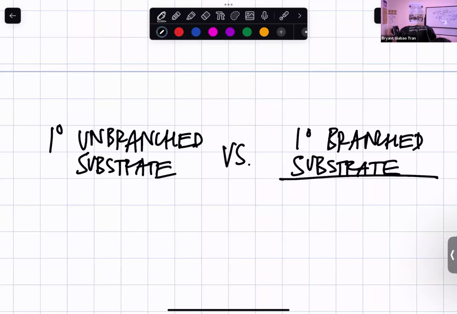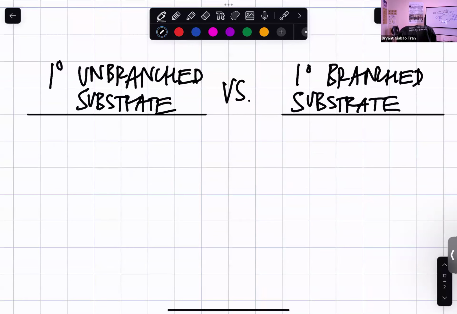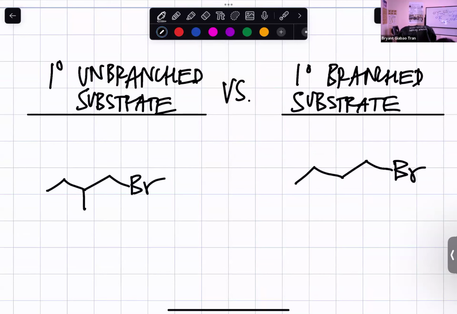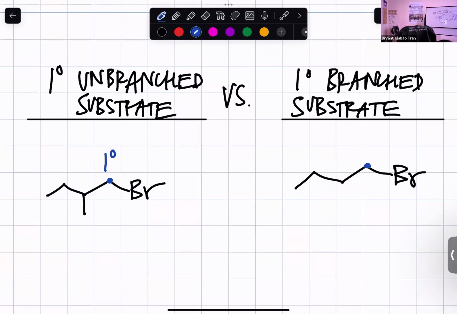Right. Okay. So let's say we have this versus this, right? This is a primary carbon. This is also a primary carbon.